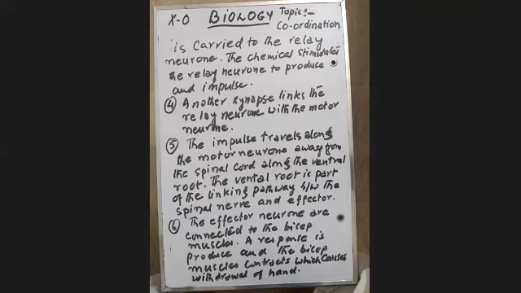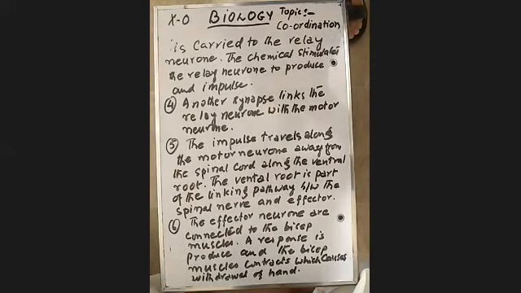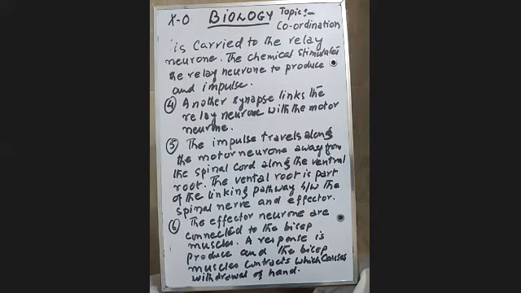Then the examiner will ask what will happen and how the reflex action is carried out. You have to explain, or they will say in this diagram, point out or draw an arrow showing how the impulse is carried. So you have to make the arrow, and then how the response is completed.